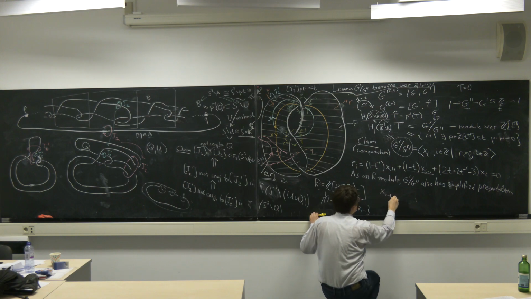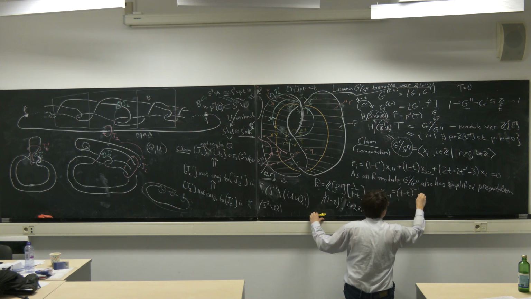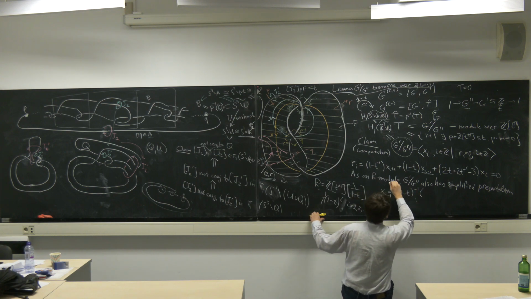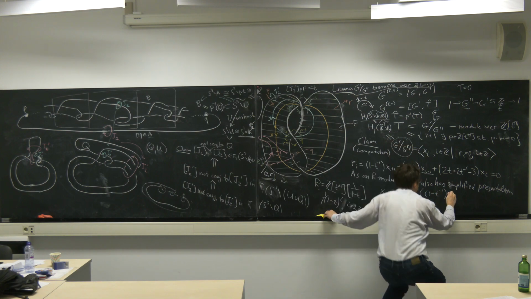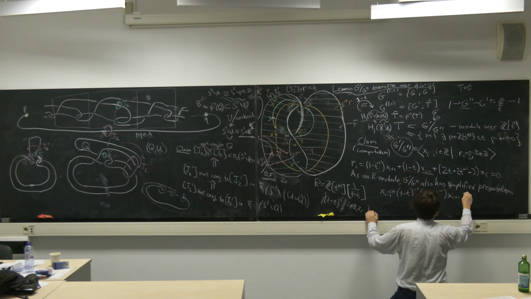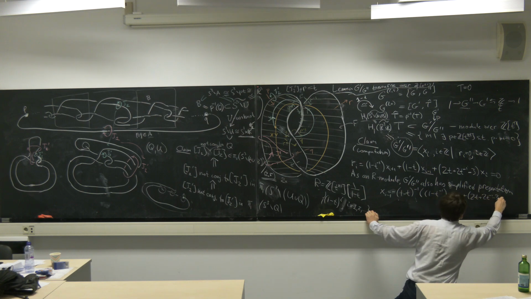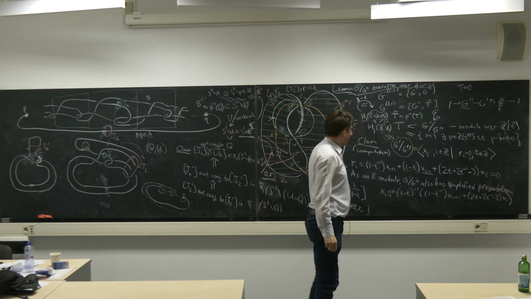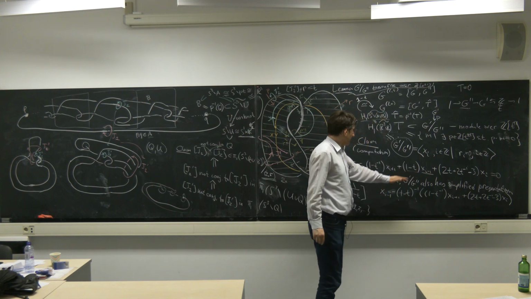So x_{i-1} equals 1 minus t inverse, maybe I can put a minus here, and then everything else: 1 minus t inverse x_{i+1} plus 2t plus 2t inverse minus 3 x_i. Okay, so it has a simplified presentation with these relations.